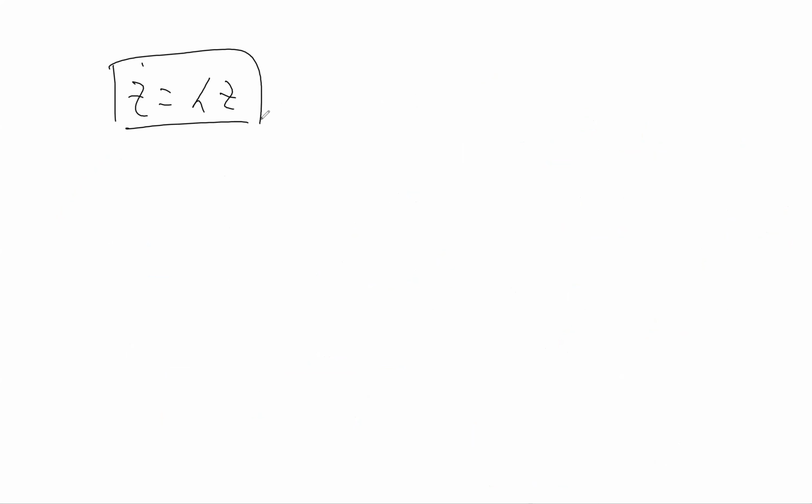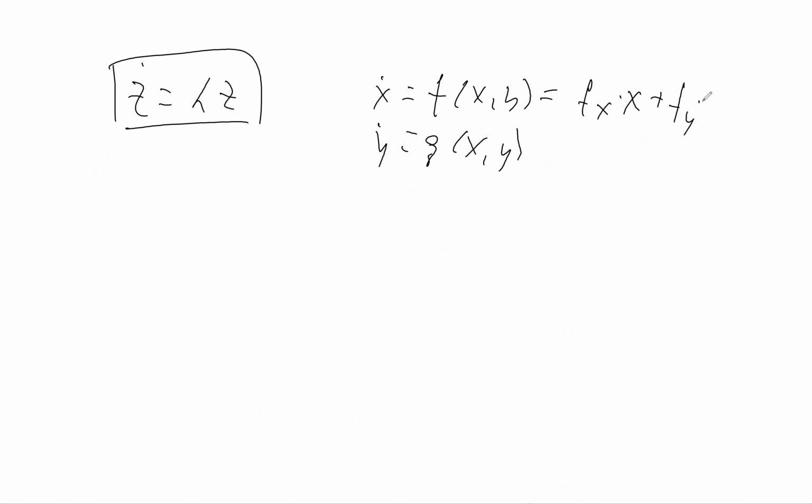So in fact, if we had, let's say, x dot is f of x, y, and y dot is g of x, y. So this could be a linear part: derivative of f over x times x plus derivative of f over y times y plus, let's say, I will call it f2.